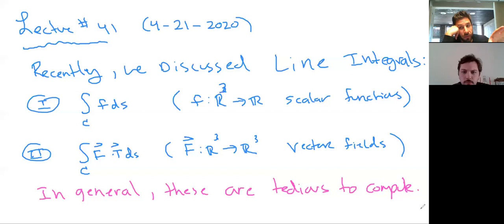And one of the nice things about a traditional integral is we have what's called the fundamental theorem of calculus. It oftentimes gave us a shortcut for computing integrals. And it also makes a very special connection. It connects a derivative with an integral.